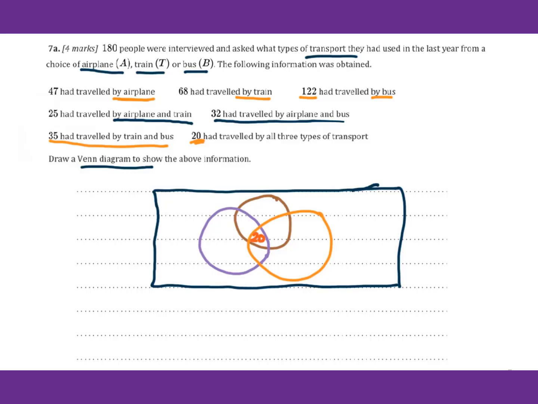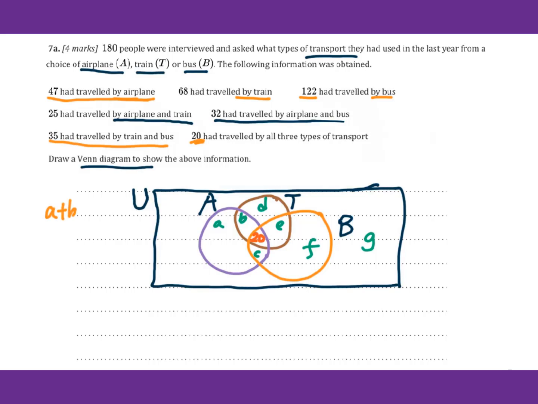Then we can label here's A, B, C, D, E, F, G. This is the universal set. According to the information, 47 traveled by airplane. This is an airplane. Here's a train. This is a bus.